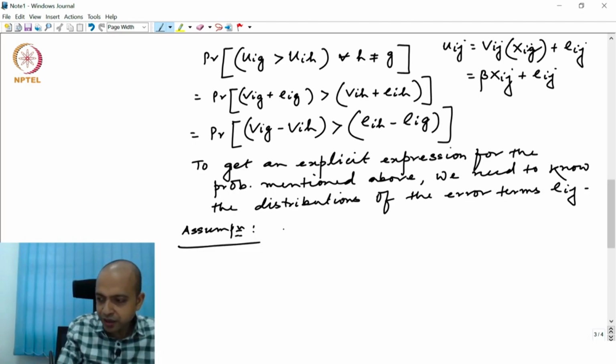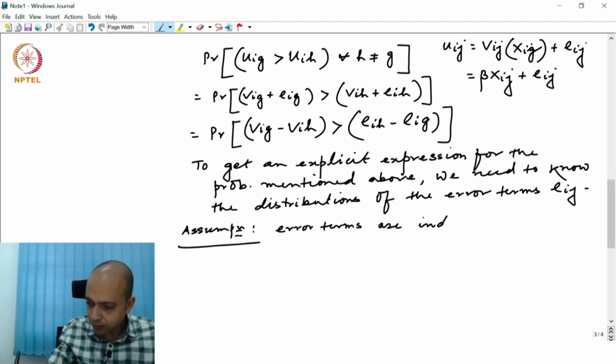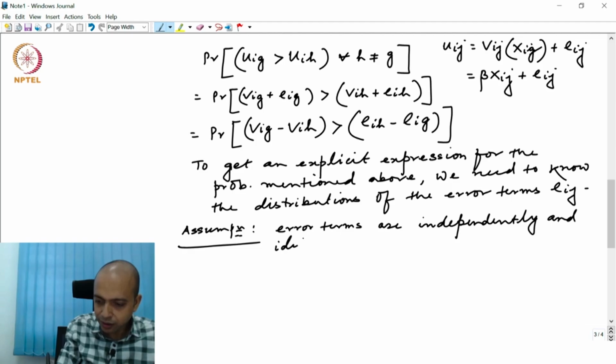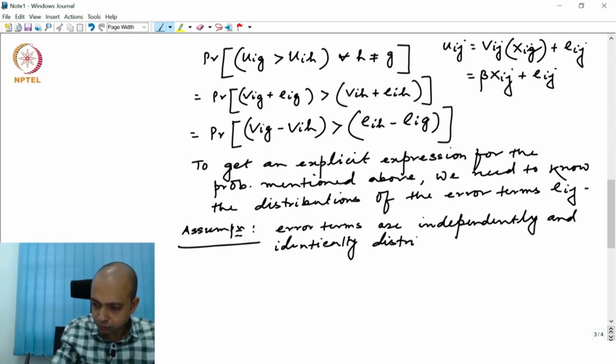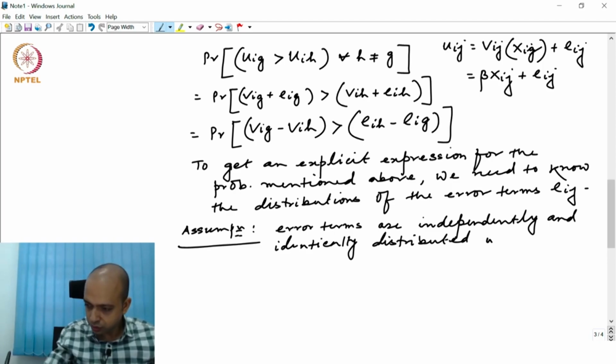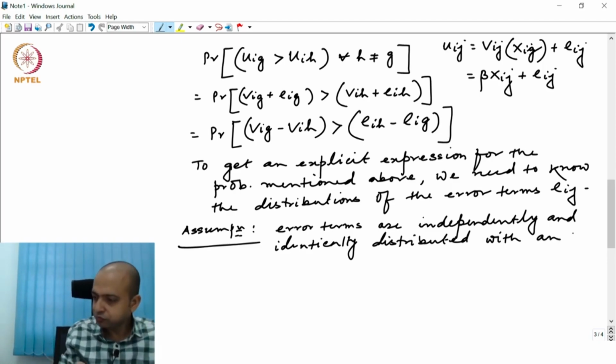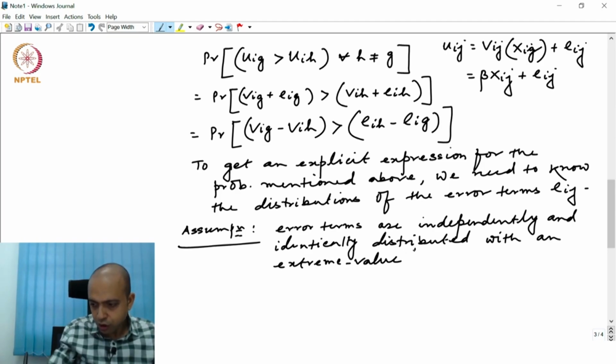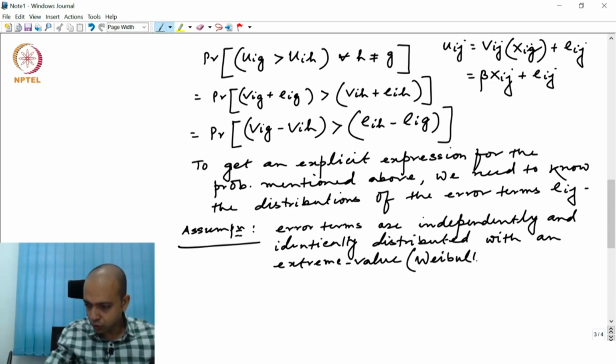Okay, so we assume that the error terms Eij are independently and identically distributed with an extreme value distribution, and this extreme value distribution is also known as Weibull distribution.